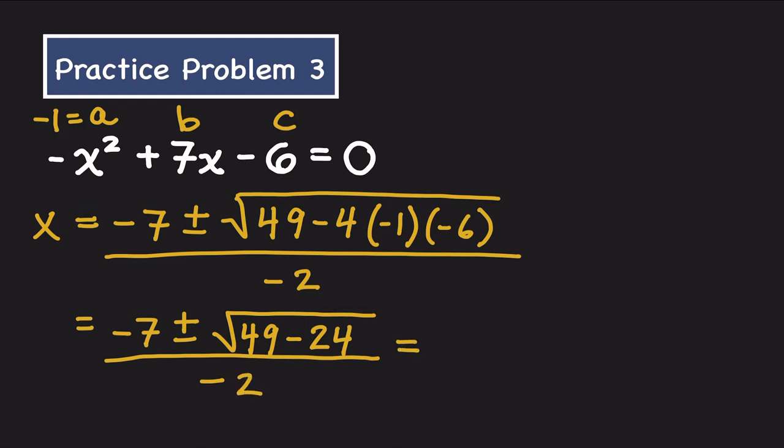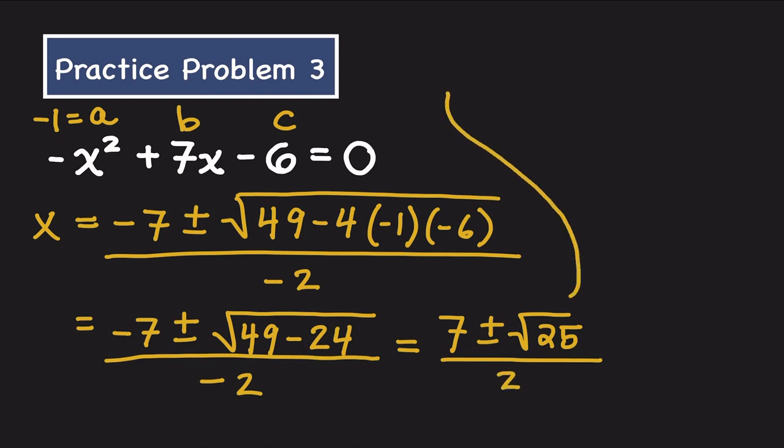And let's clean this up a little bit. Now, I'm going to take the negative on the bottom and the negative on the top. This is a plus or minus, so if I divide through by a negative, it doesn't really matter because I'm still getting both options. So I'm going to turn this into 7 plus or minus the square root of 25, which we know is 5, because that's 49 minus 24, all over 2.